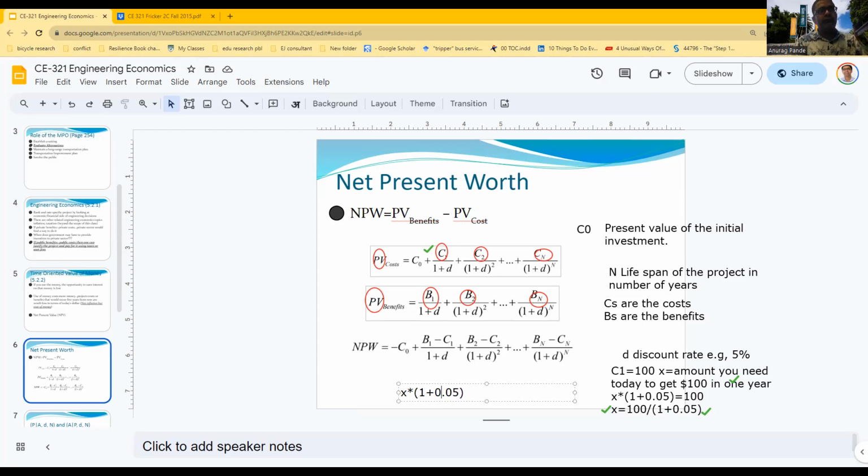In 2 years I'll have basically that, because I can earn another 5% interest on the same money. So I'll have this value.